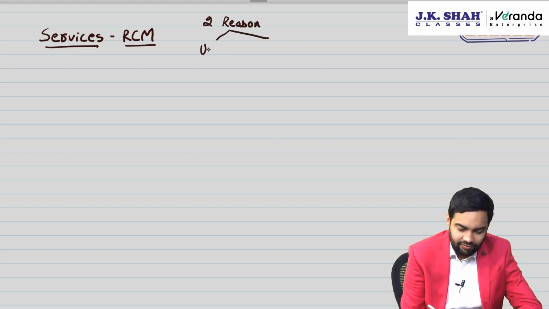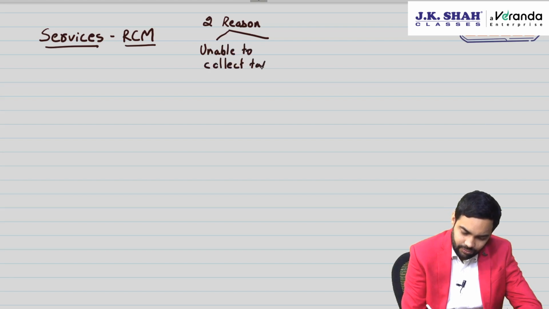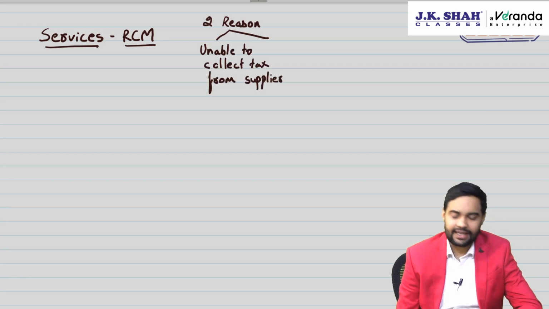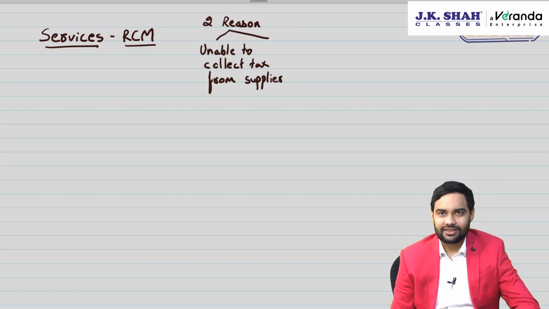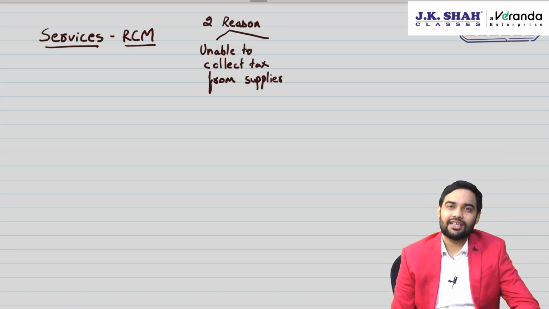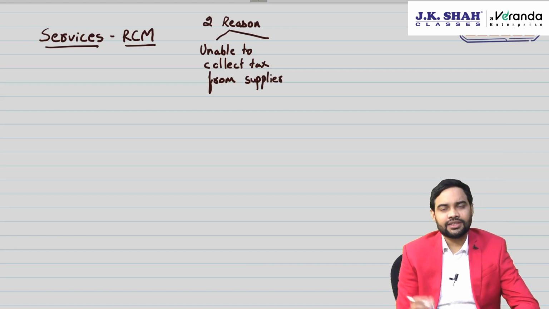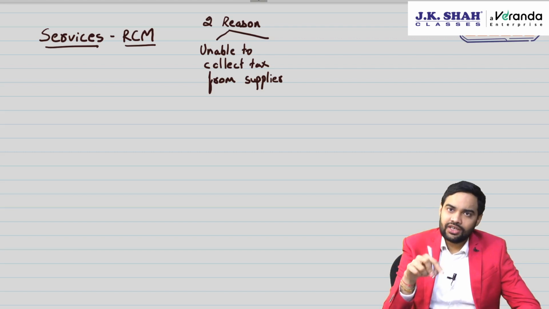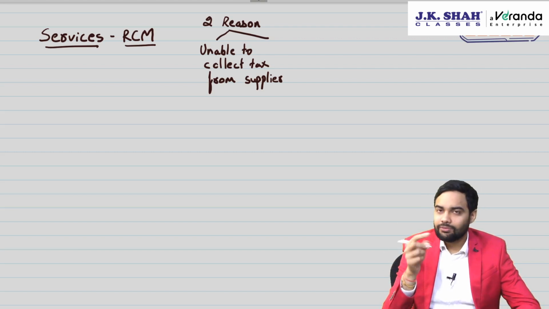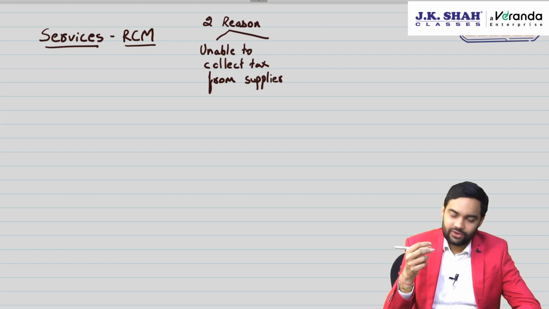First one, whenever government is unable to collect tax from suppliers like agriculturist, it becomes difficult to collect tax from the agriculturist or manufacturer of silk yarn who are small people. Government has difficulty in collecting taxes with its own departments, and that's why whenever government is not able to collect tax from the supplier, they shift the liability to the recipient.